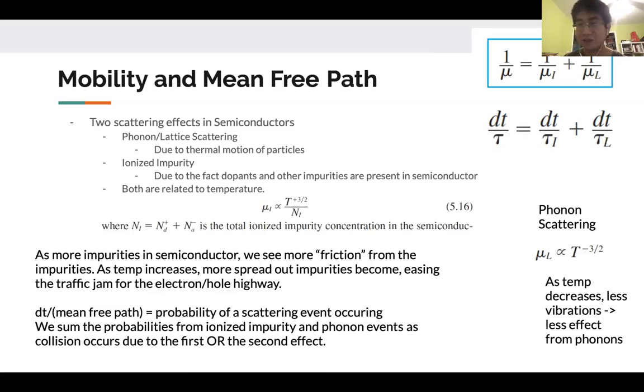Both are related to temperature. Ionized impurity scattering is related to temperature by a factor of T to the 3/2, so as temperature increases, the effect of the ionized impurities on mobility is lessened.